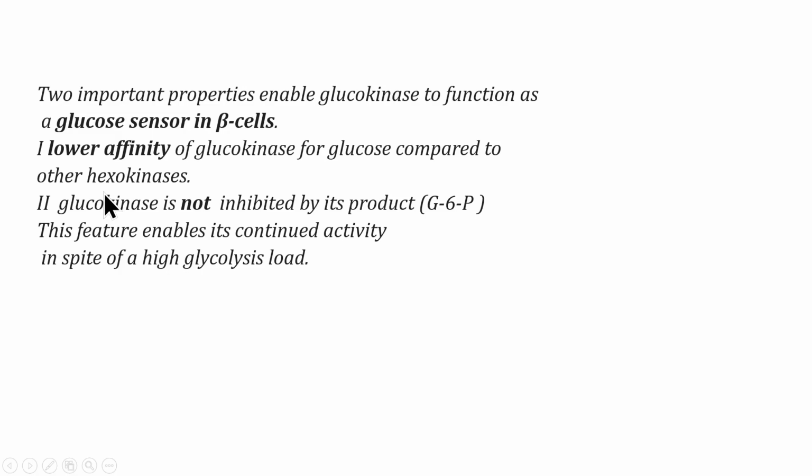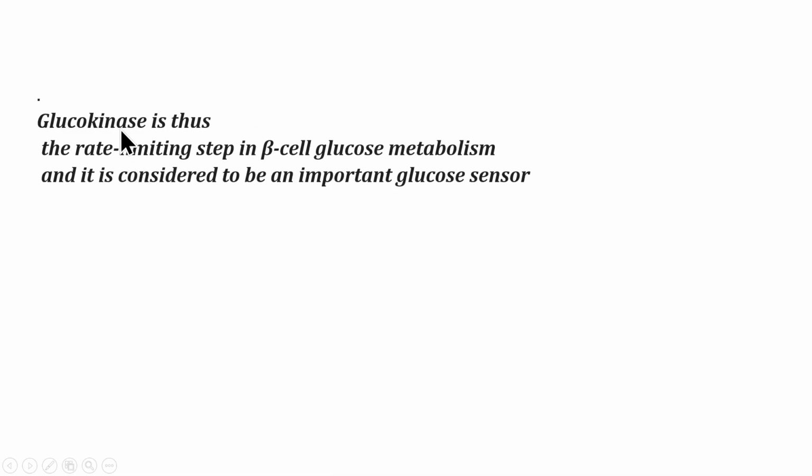Another thing is that glucokinase is not inhibited by its product, which is glucose 6-phosphate. That means the enzyme continues its activity in spite of a high glycolysis load. Glucokinase is thus a rate limiting step in beta cell glucose metabolism, and it is considered to be an important glucose sensor.